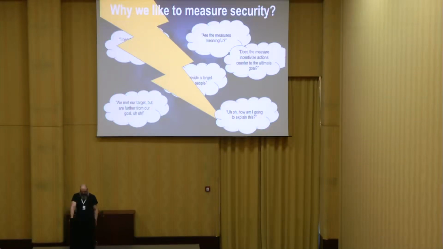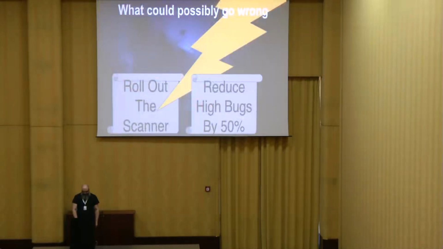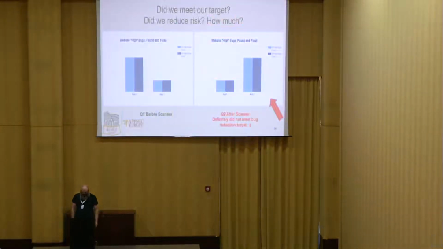Overloading a metric with too many purposes can lead to a lot of unintended consequences. So if your goal was to reduce bugs by 50%, and you implement a web scanner that increases the number of open bugs you have by 60%, did you succeed or did you fail? I don't know. There's really no way to know.